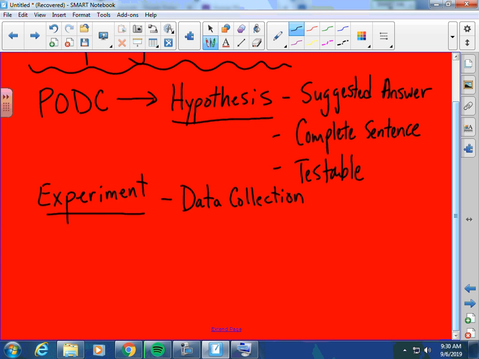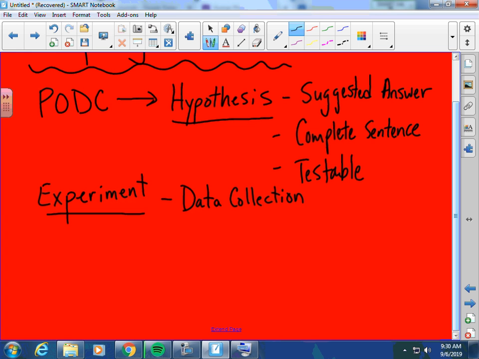Each time we do an experiment, we're trying to test for something, okay? And we don't want to change more than one thing during an experiment, because then if anything is different, we won't know what caused the change.